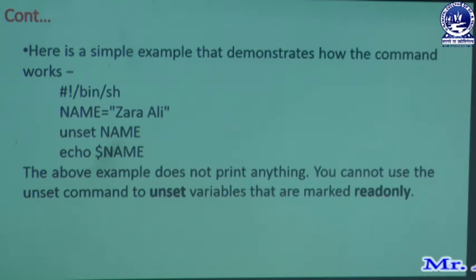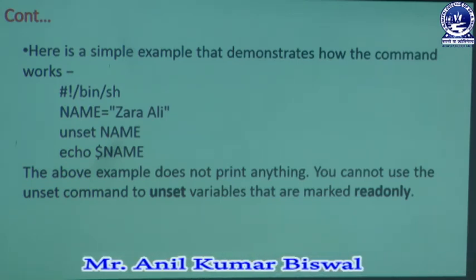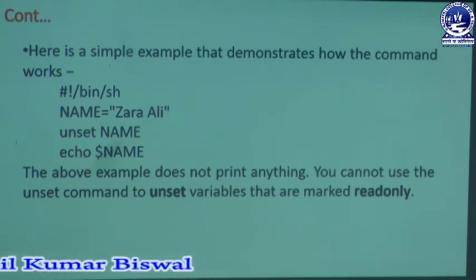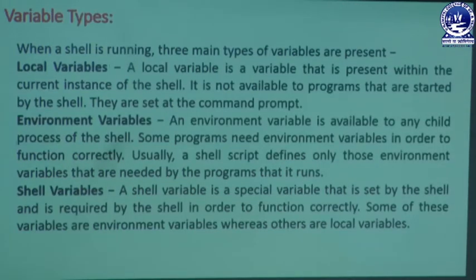In that moment we must use unset. Unset may remove any type of constraints used on a specific variable, and if that variable needs to be removed from our Unix operating system, in that time also you can use unset. So in that way we can manipulate it without any confusion from the Unix operating system. In the next slide we are going to discuss what are the different types of variables we have in our Unix operating system.